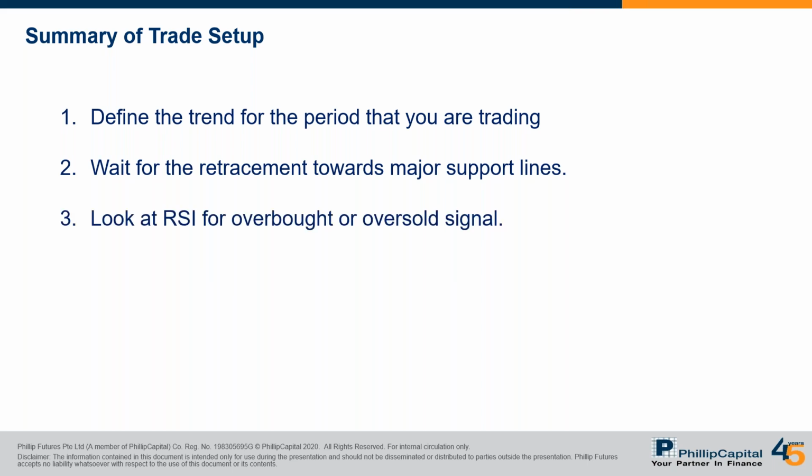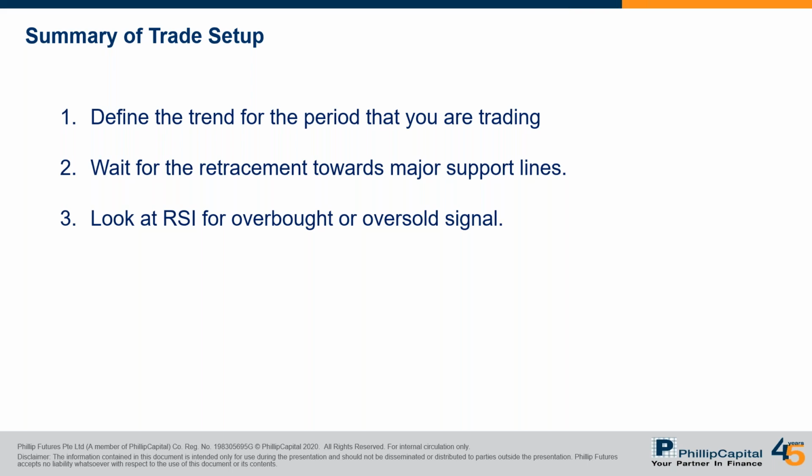The last step is after it hits the 100 or 200, we'll look at RSI for an overbought or oversold signal. If you are buying, we want RSI to be below 30, which is oversold. And if you are shorting, we want RSI to be above 70, which is an overbought signal.